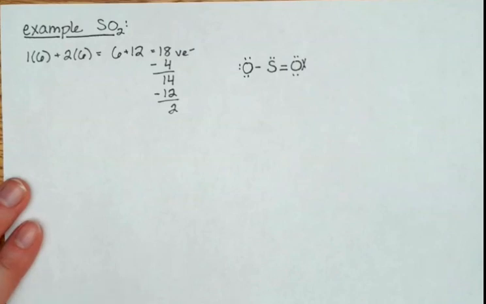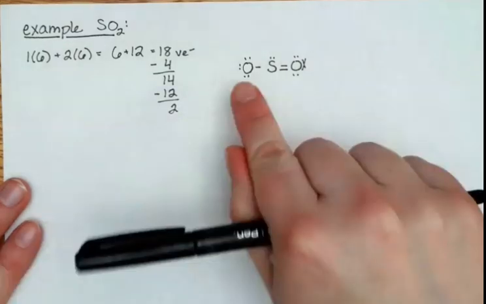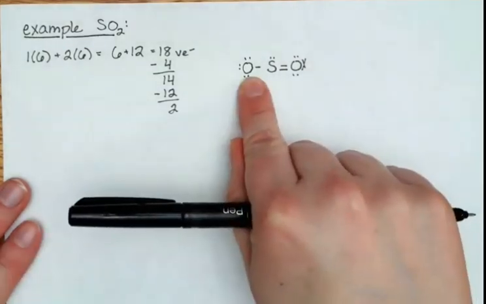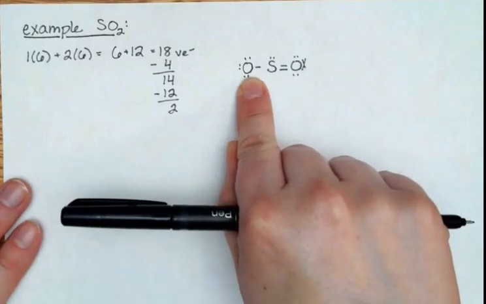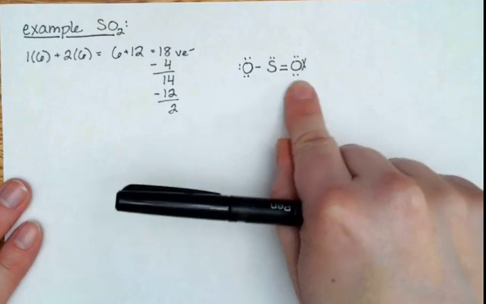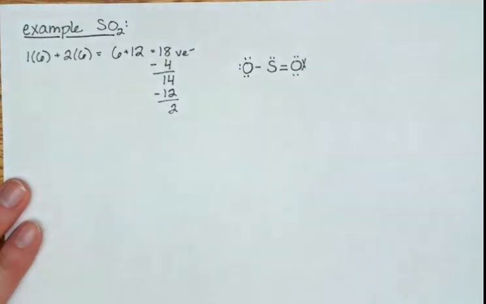However, you might be wondering, why didn't I take the electrons from the left oxygen? Well, that would be an equally valid option. I could have taken them from the left just as well as I took them from the right. So this molecule is actually an example of something called resonance, meaning there are 2 options, both of them equally valid.